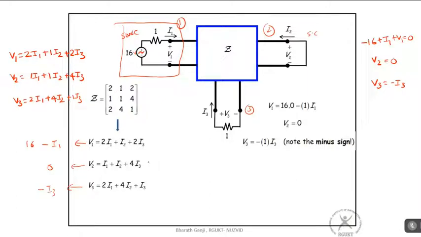If you use a calculator it comes immediately, or you can also find it. So can you tell me what is the value of I3 you will get? Can you solve the equation and tell me what is the value of I3 you get?